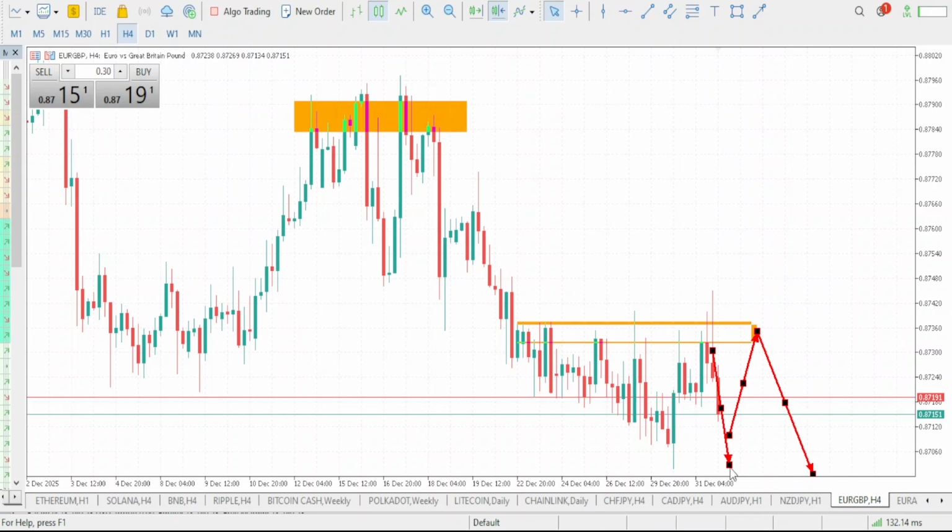Because there's possibility that once the market opens, it might start giving us that bullish move to come and test the resistance level, and if it does that and it tests the resistance level, all you just need to do next on your Euro GBP is to sell, take the sell. So above all, whatever you would want to be doing on Euro GBP, you would want to be selling. If there will be any changes to this movement that we've predicted, I'll make sure I let you guys know.